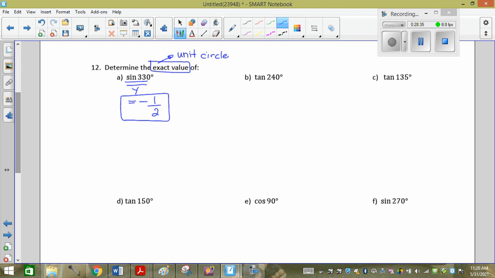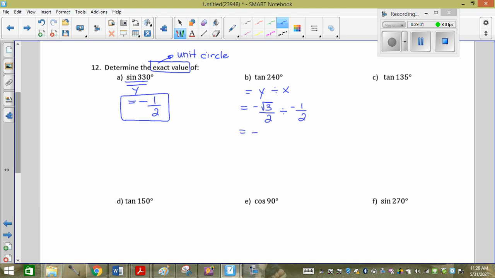Tan of 240. Does tan come right off our unit circle? No. But tan is y divided by x, correct? So we actually have to do steps when it's tan. So I go to 240, and my y at 240 is negative root 3 over 2, I believe. And my x at 240 is negative 1/2. That's the case, right?